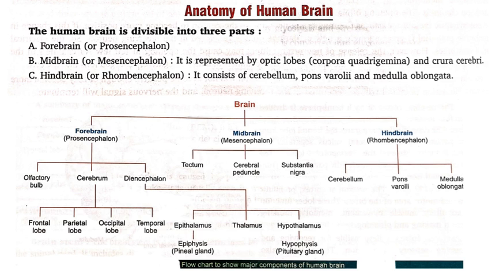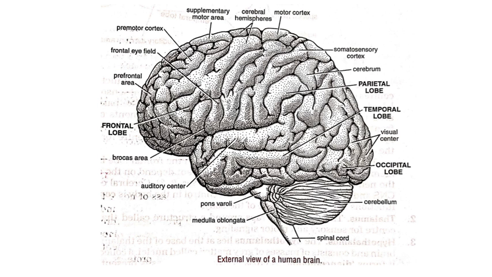Now we come to the structure of the human brain or the anatomy of the human brain. Now you can see the external view of a human brain, and as I told you, it weighs about 1.4 kg or about 2% of the total body weight. Despite its relatively small mass, it consists of about 100 billion neurons or nerve cells, which are the unit of the brain.